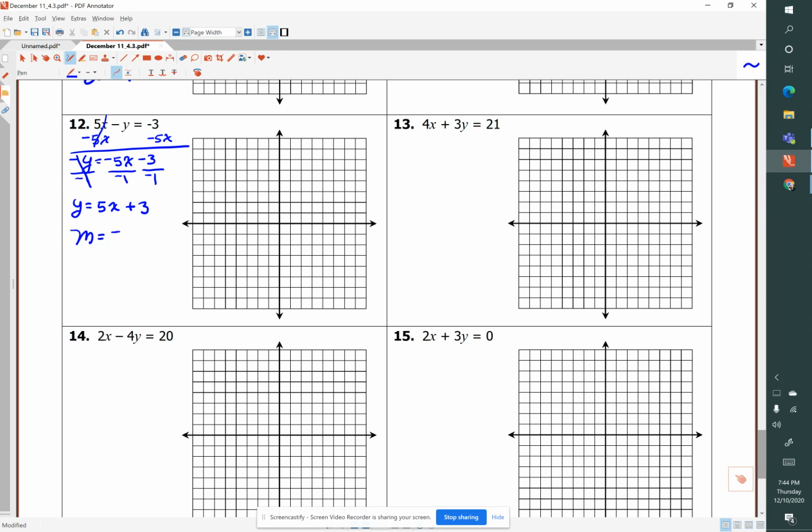So our slope is 5, and our b value, our y-intercept, is 3, which we'll plot first. And then we have a slope of 5. So we count up 1, 2, 3, 4, 5, and over 1. But we could also think of it as negative 5 over negative 1. We could go down 5 and left 1. It's a very steep slope in this problem.